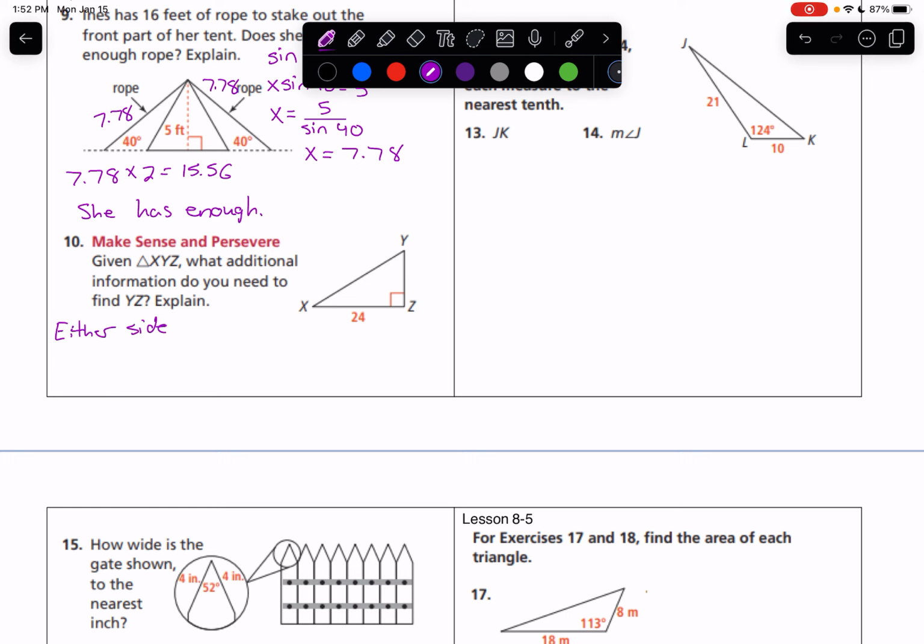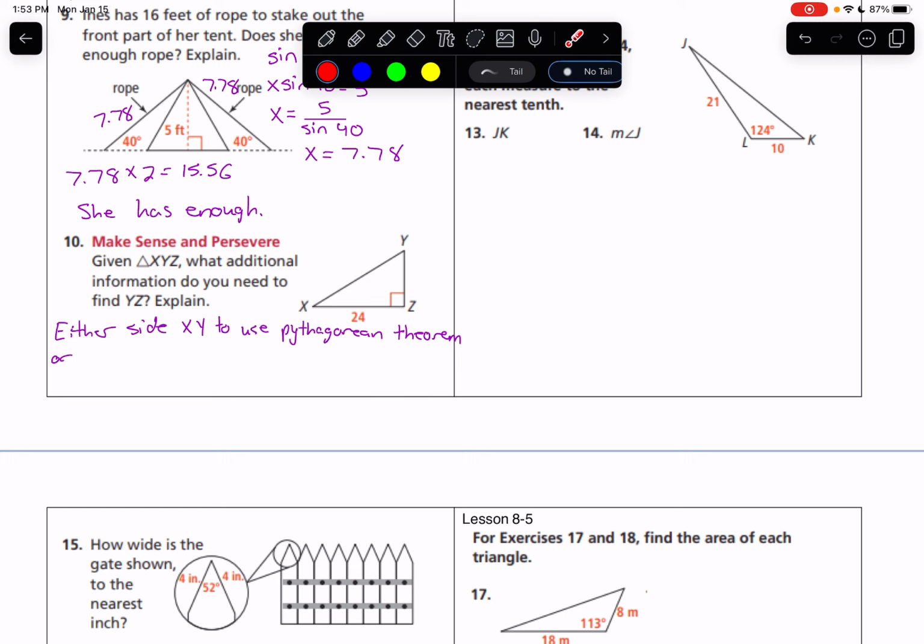Side XY to use the Pythagorean theorem, or we could use trigonometry. And if we used trigonometry, we would need to know one of these two angles so that we could stand on those angles and use opposite over adjacent if we're standing on x.